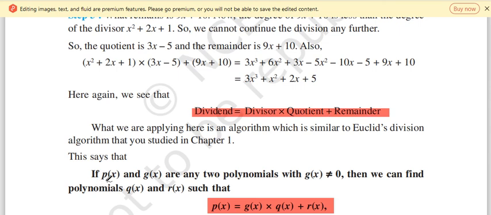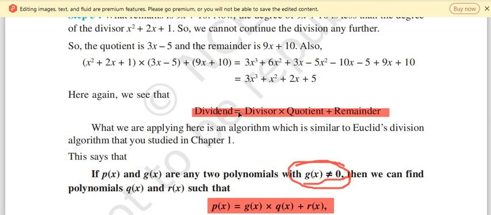So if p(x) and g(x) are any two polynomials with g(x) not equal to 0, because g(x) is the divisor, the divisor cannot be 0. We already know divisor cannot be 0, because if divisor is 0, then it is undefined. So dividend can be 0, but divisor cannot be 0.